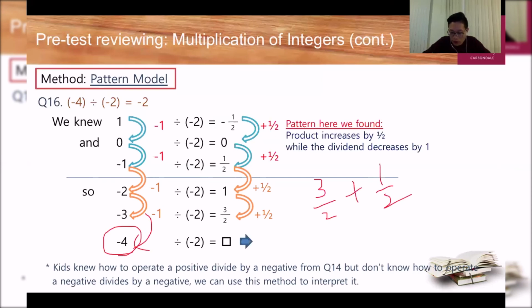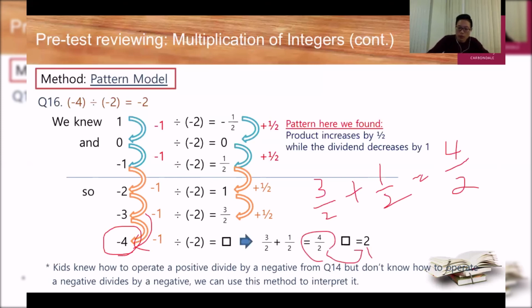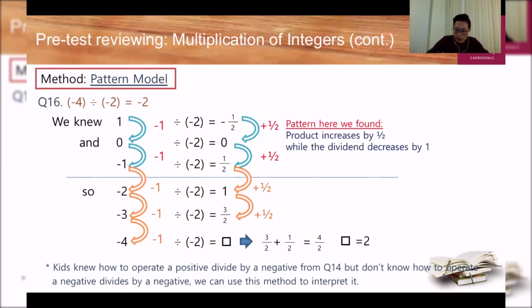The denominator is the same. So what's the answer here? The answer will be 4/2, right? And we reduce it to get the final answer, that will be +2. Okay, +2 will be the final answer for this equation.